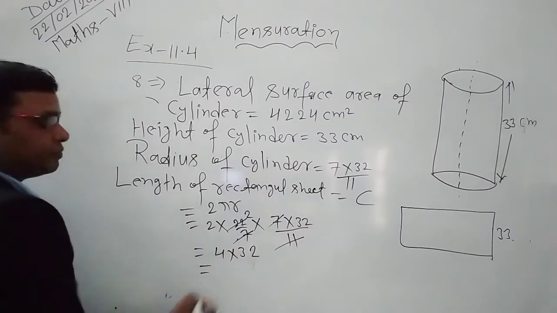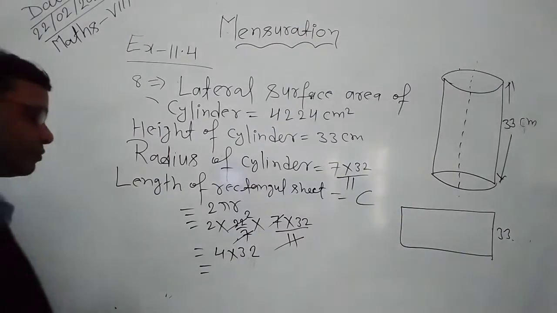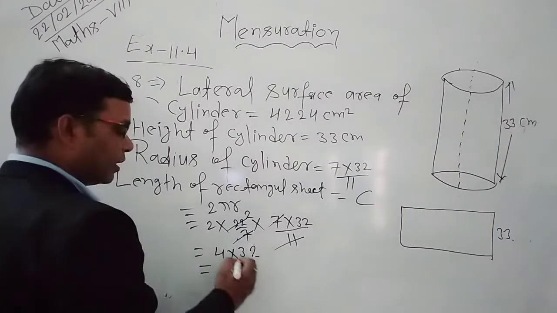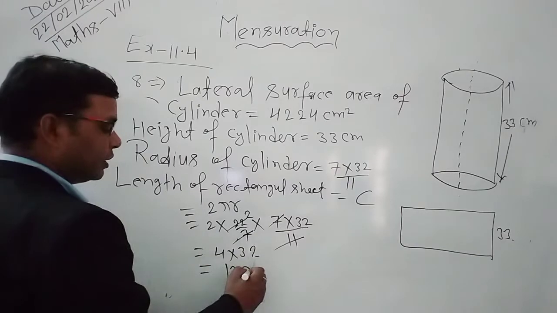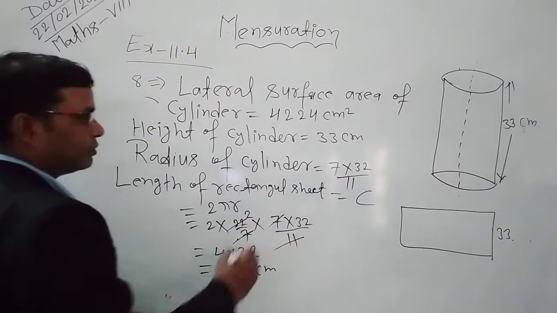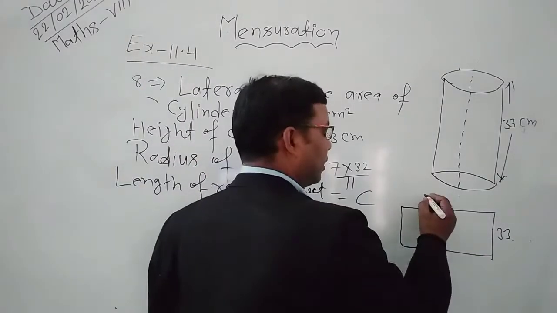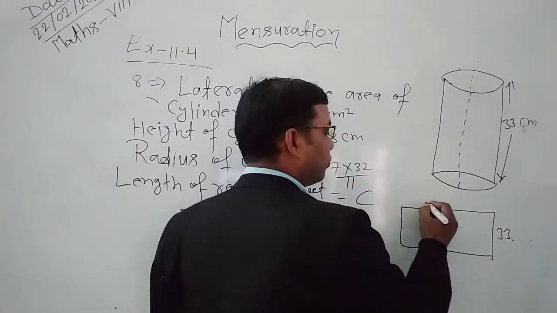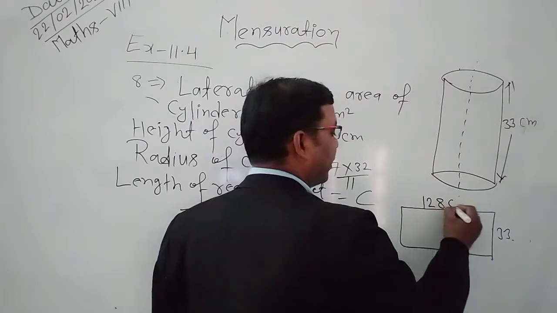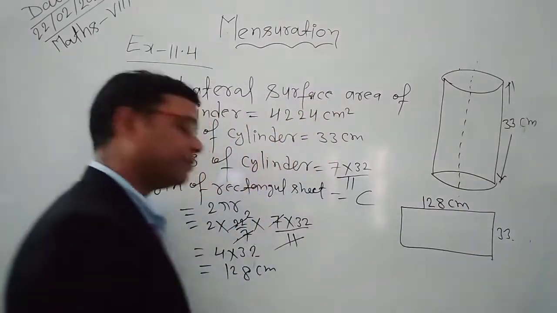If you multiply them, you get 4 2 is 8 and 4 3 is 12, 128 centimeter. Okay, you find the length of this rectangular sheet is 128 centimeter.